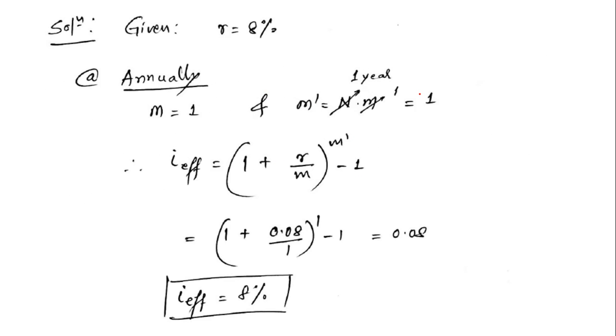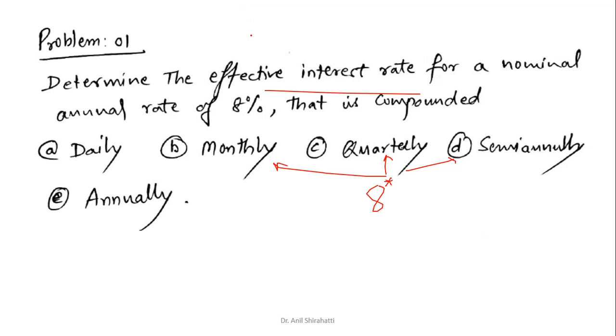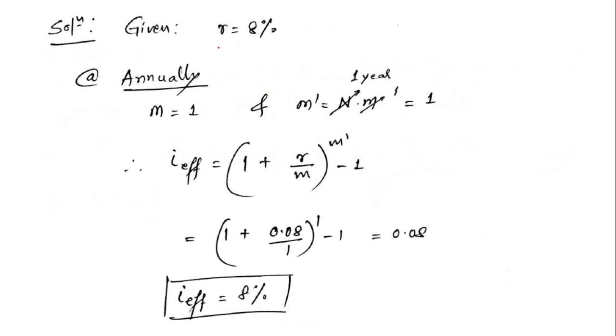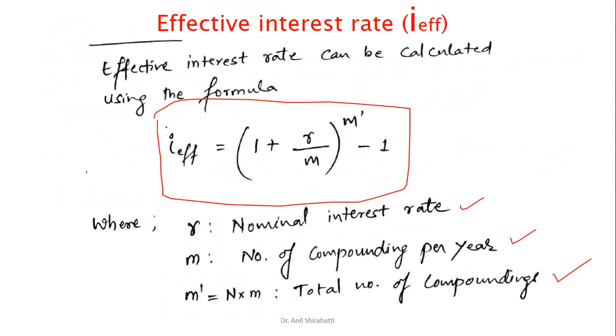In this case, R, the annual nominal rate, is given. R only we know. So let's start first with annually. What is m? m is the number of compoundings per year.